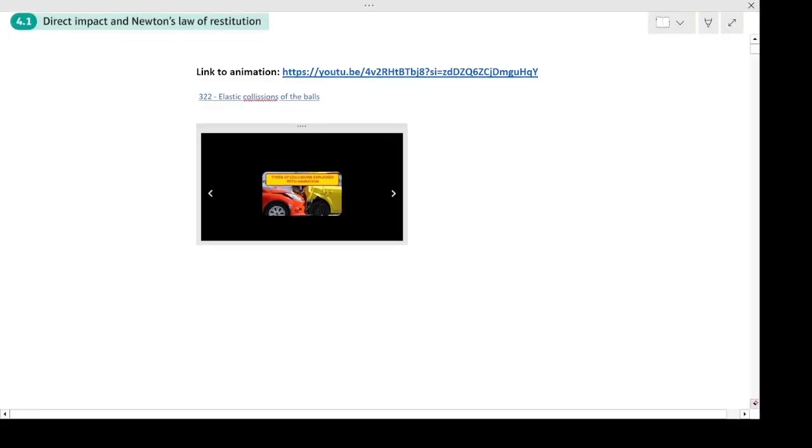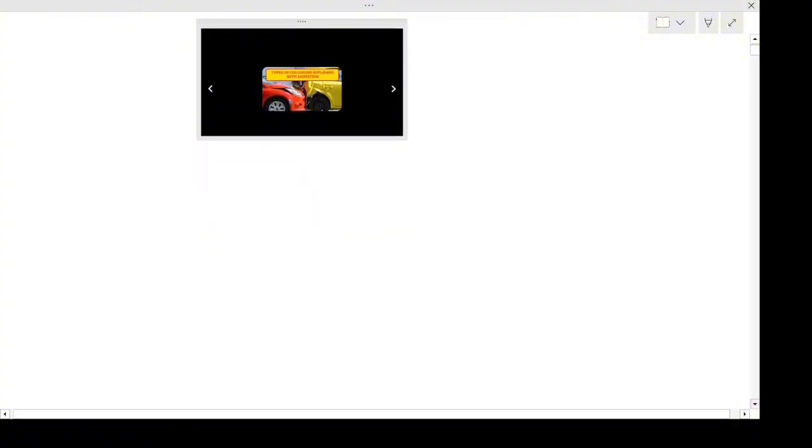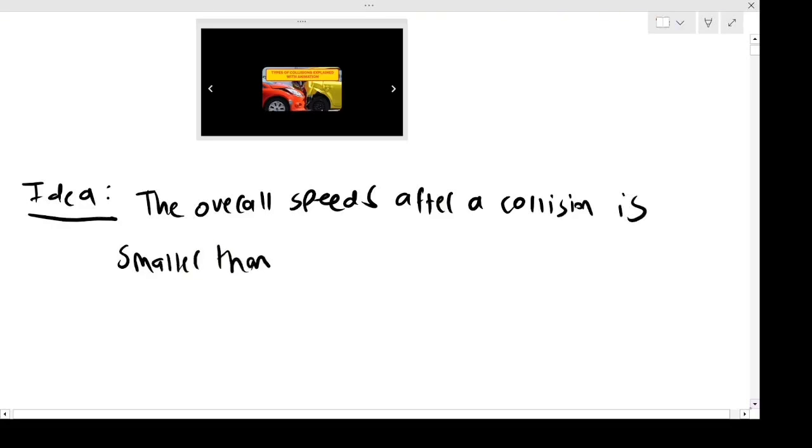Okay, so what we're going to look at then is the speeds before and after a collision, right? So the idea is that the overall speeds after a collision are smaller than the overall speeds before a collision.